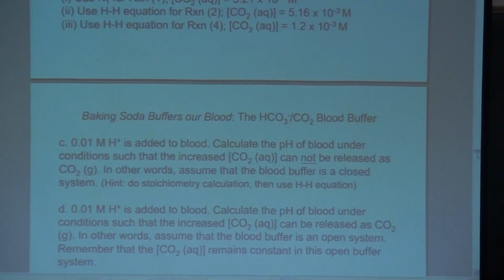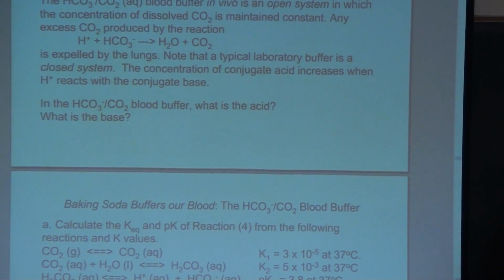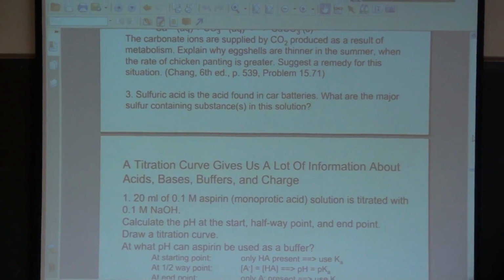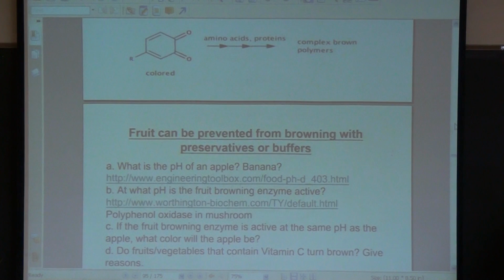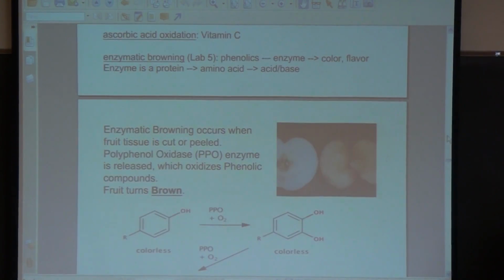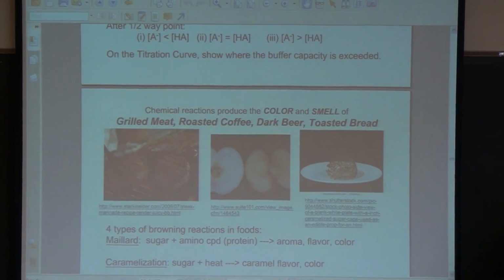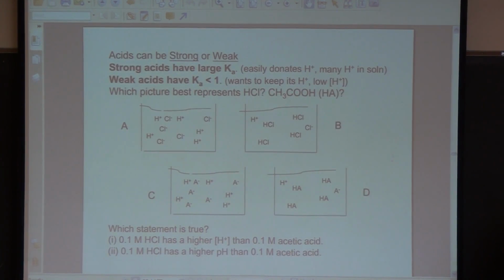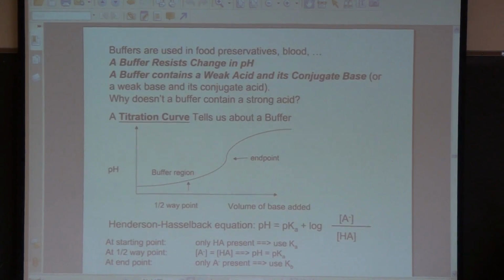Yes, we spent a little bit of time talking about buffers. So let's go back to these titration curves. We talked about strong acids and strong bases, and we looked at titration curves, so there may be a titration curve question on the exam.